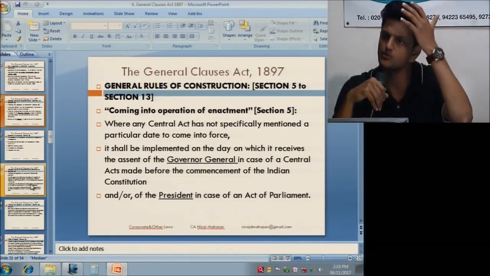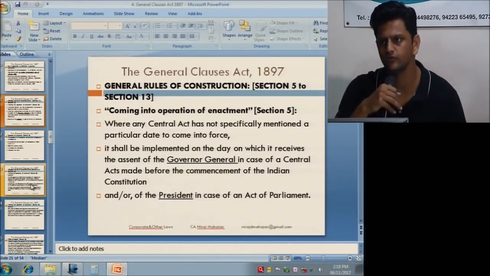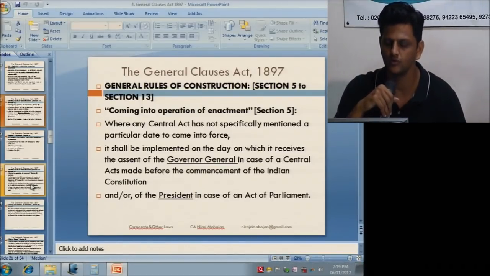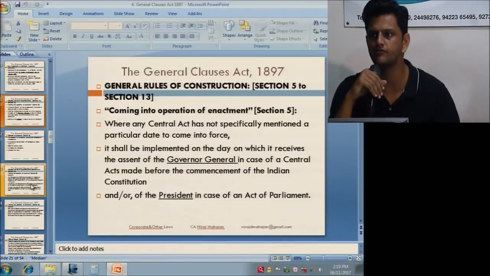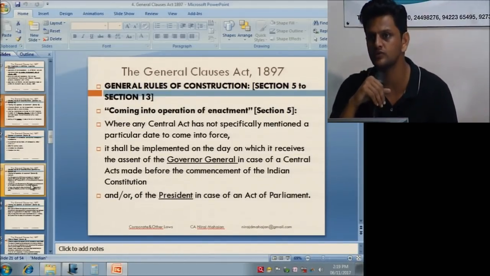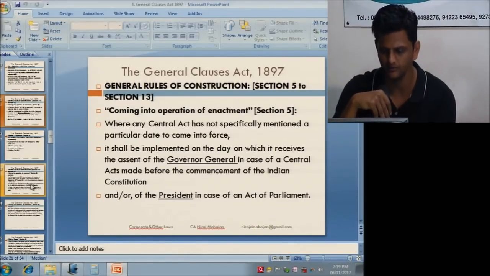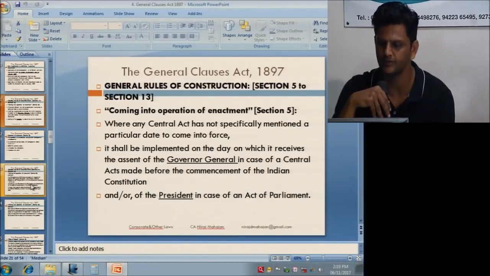When does it come into force? When it is given assent by the President of India. So, for those acts which are formed after 1947, because we didn't have a President before that. And after the General Clauses Act 1897 and before 1947, those acts will come into force when given assent by the Governor General of India. Good, because we didn't have a constitution by that time.